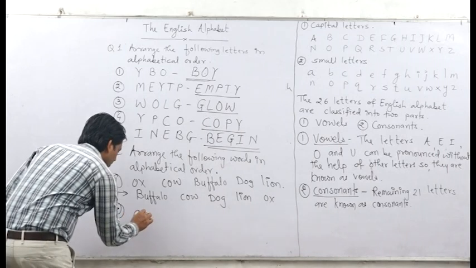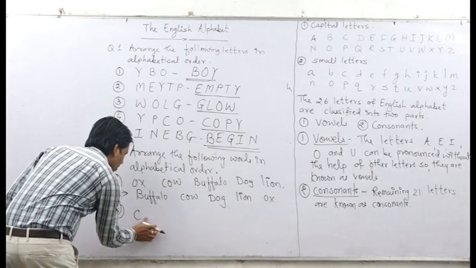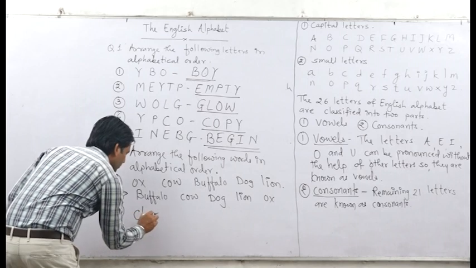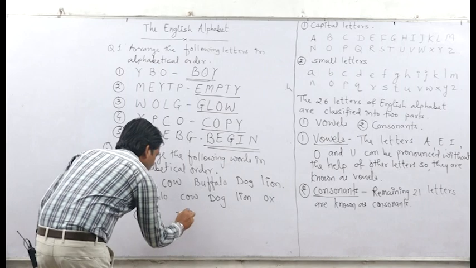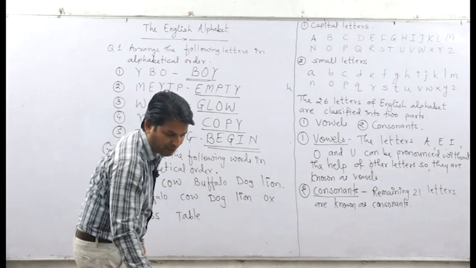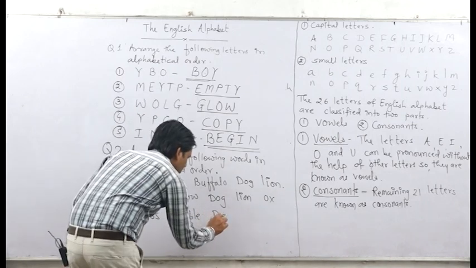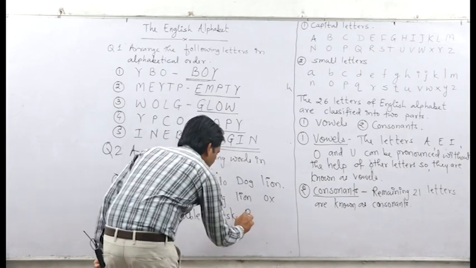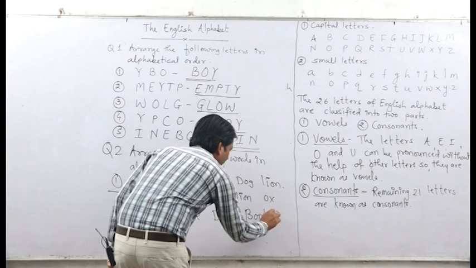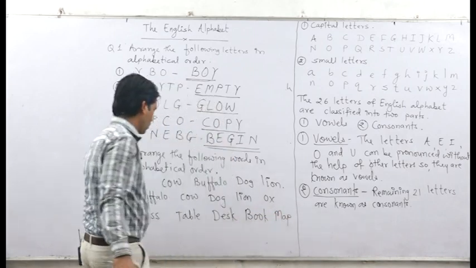Class, after that table, next one desk, after that book, and next one what? Map. Okay.